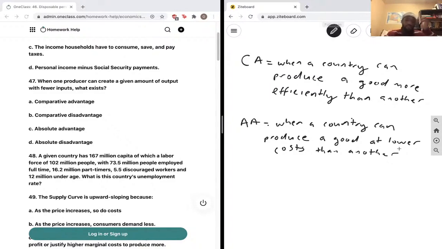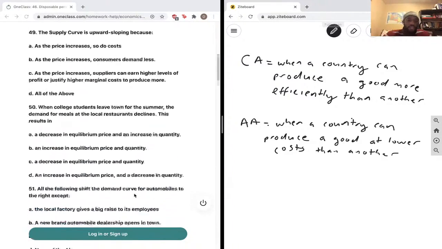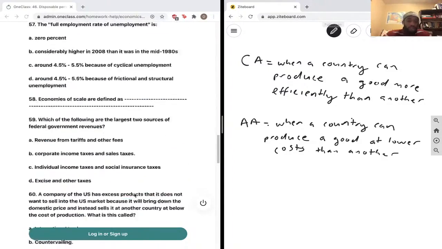So they're just more developed. The question says, when one producer can create a given amount of output with fewer inputs, what exists? And we would say this should be A as well, comparative advantage, because that just speaks on efficiency.